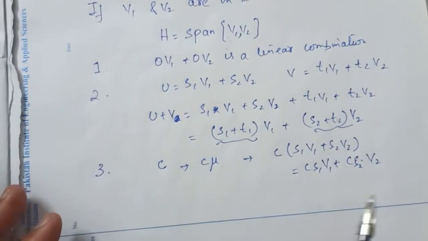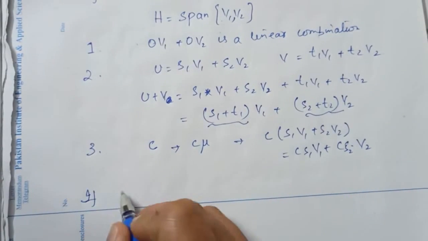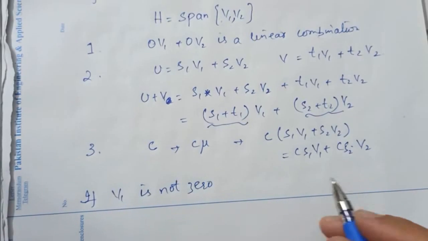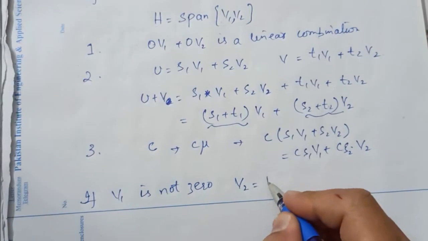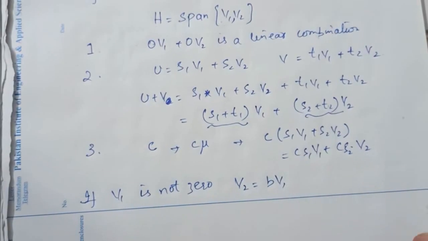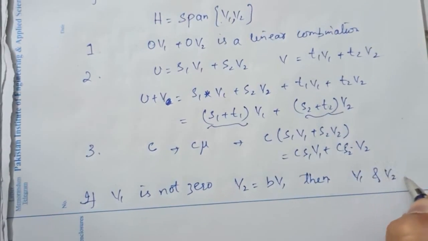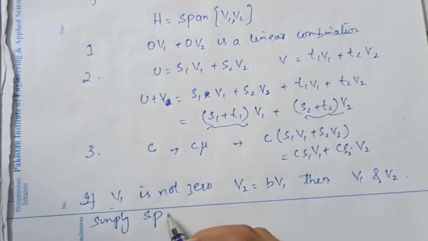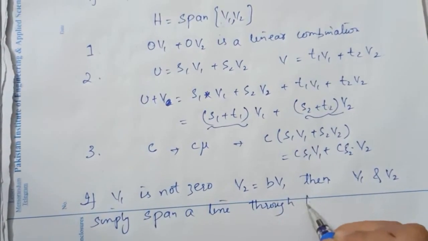Now the other important property here is, let's say v1 is not 0 and v2 is some multiple of v1, let's say b times v1, then v1 and v2 simply span a line through the origin.